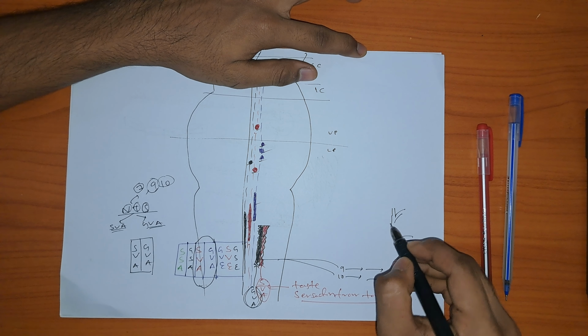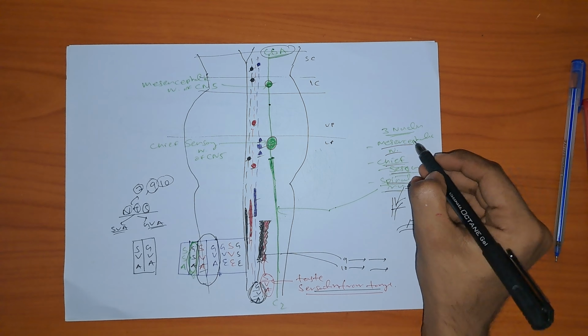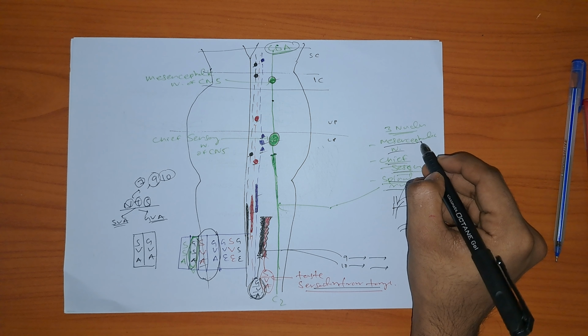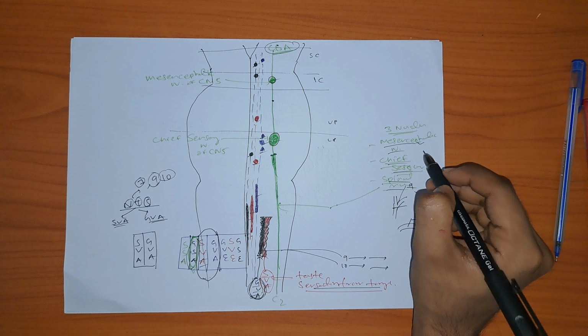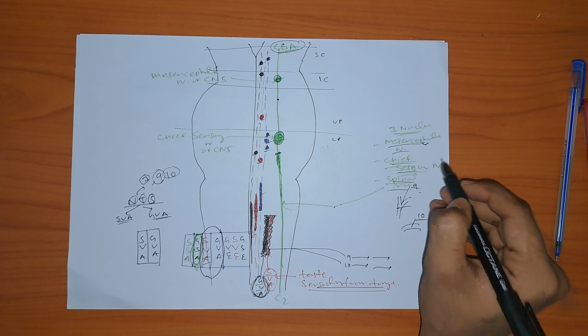The chief sensory nucleus of trigeminal carries touch and pressure from the skin and mucous membrane of the facial region.